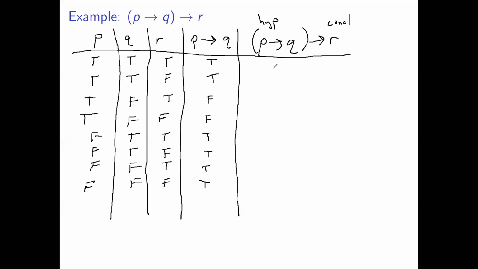So the hypothesis is true and the conclusion is true. So the implication, that's true. Second row, we can see the hypothesis, P implies Q, that's true. The conclusion, R, in this case, is false. So hypothesis is true, conclusion false. That means the implication is false.